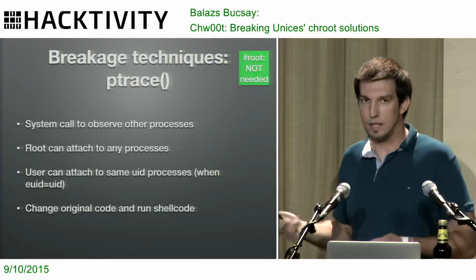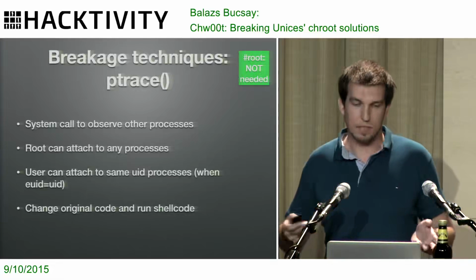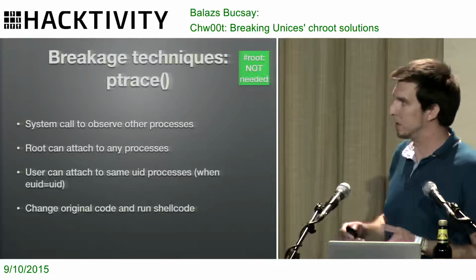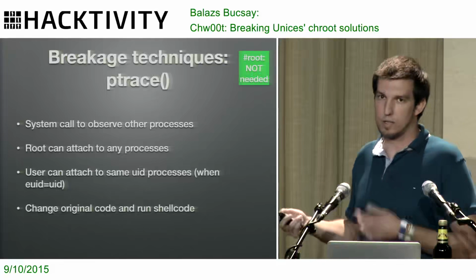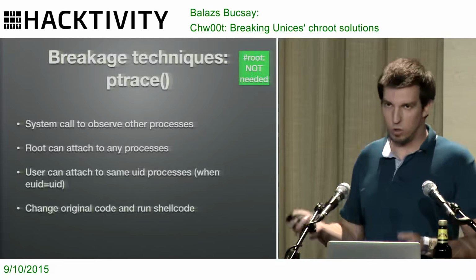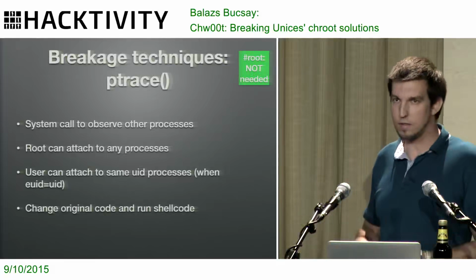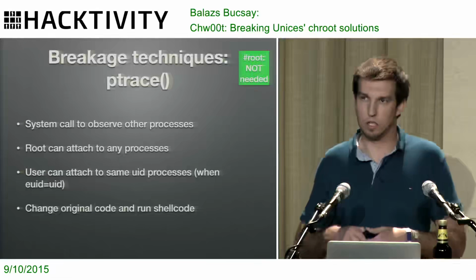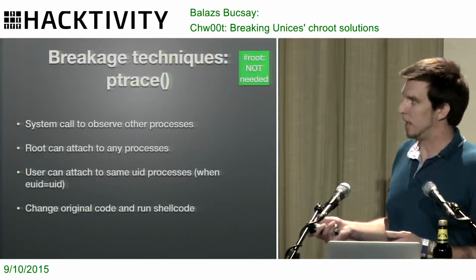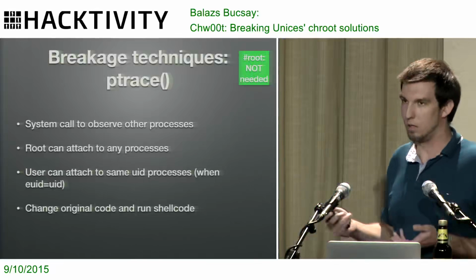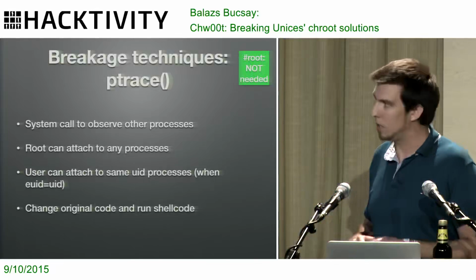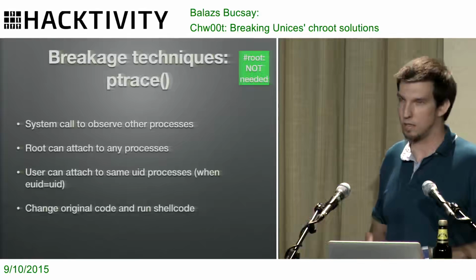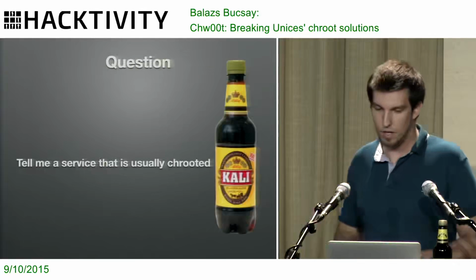In that way, you can execute your shell code in the context of other processes. Of course, with chroot, you can attach to any process on the system. And if you have an unprivileged user, you can only attach to those processes that have your effective UID. On Ubuntu, only root can attach to other processes, no unprivileged user.